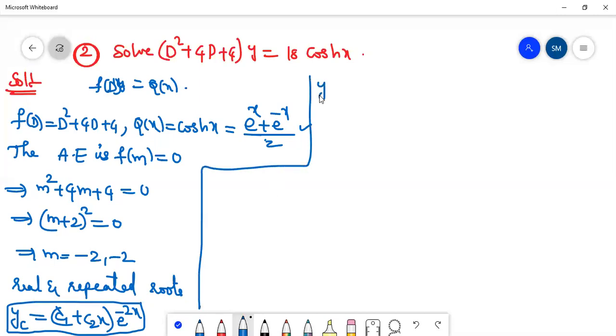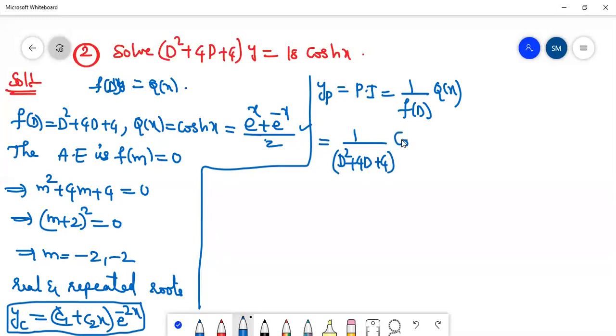Next, to find the particular integral, yp equal to 1 by f of D into Q of x, that is equal to 1 by D square plus 4D plus 4 into cos hx. Then yp equal to 1 by D square plus 4D plus 4 into e power x plus e power minus x by 2.